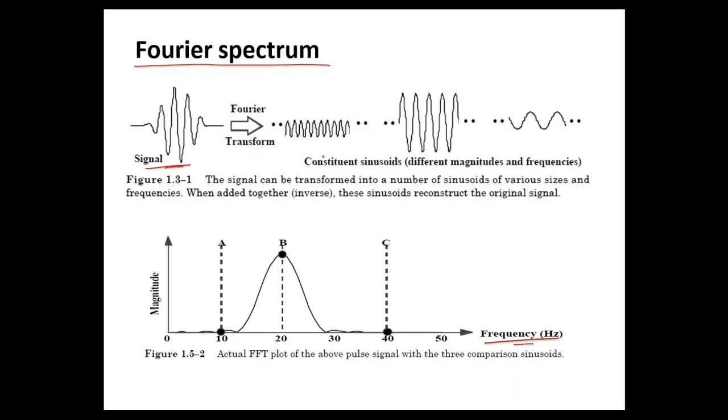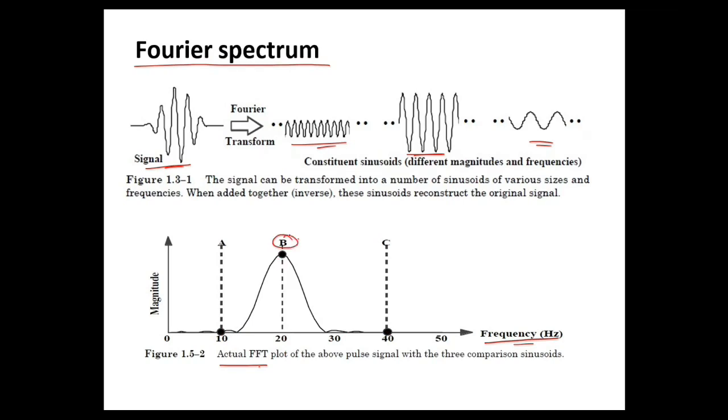When we do the Fourier transform, we have these constituent sinusoids, and then we perform the correlation between the pulse signal and the constituent sinusoids, and then we get this kind of plot which is regarded as the Fourier spectrum plot. So see, at 40 we have a very low correlation, at 10 we have a very low correlation, and at 20 we have a very high correlation.